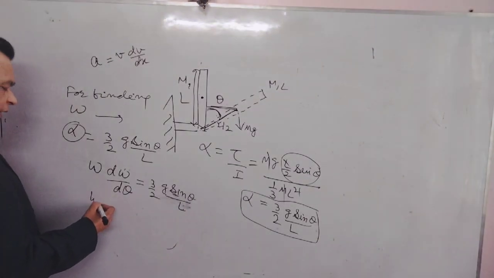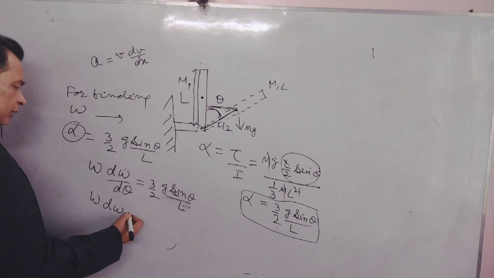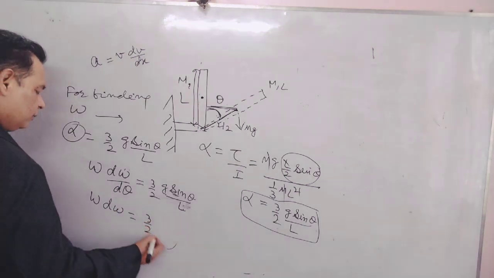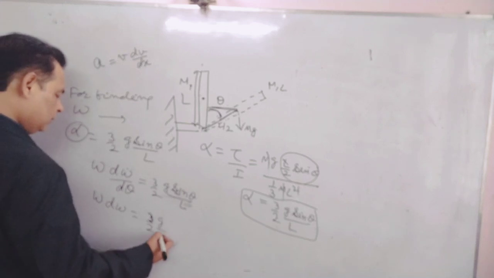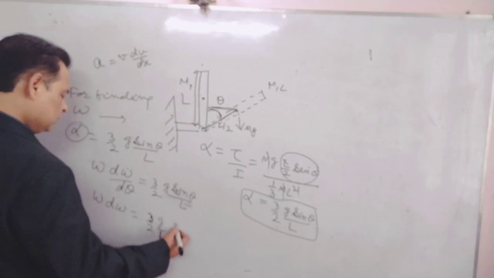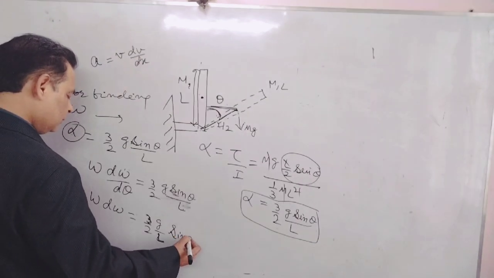We can write omega d omega equals 3 by 2 g by L sin theta d theta.